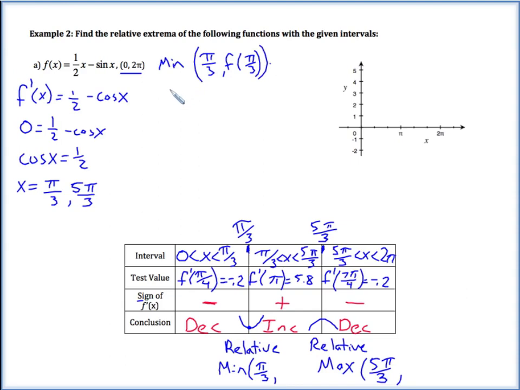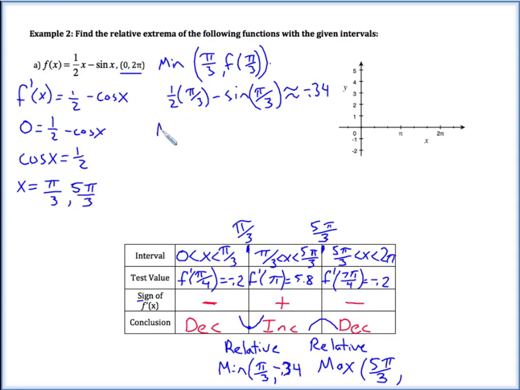And so f of pi over 3 is going to be 1/2 times pi over 3 minus sine pi over 3. And you can just plug this into your calculator, and we get about negative 0.34. Okay, so our relative min here is at negative 0.34.